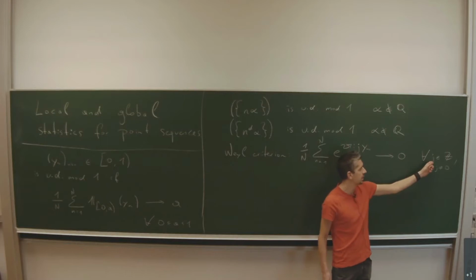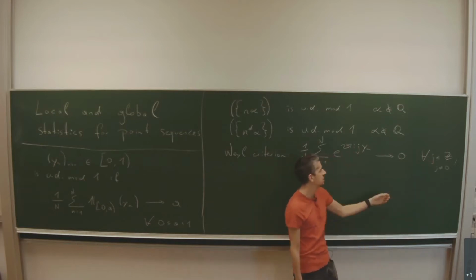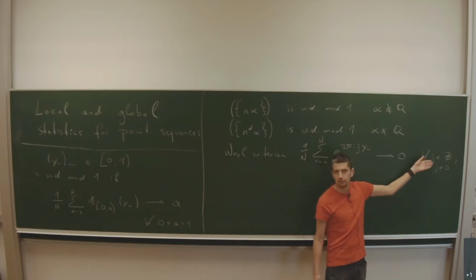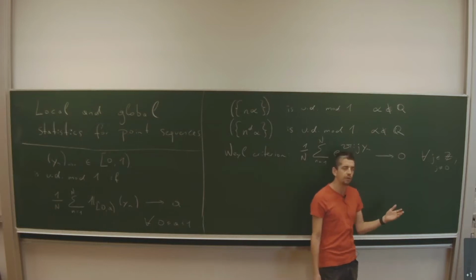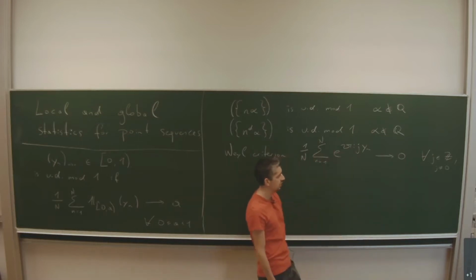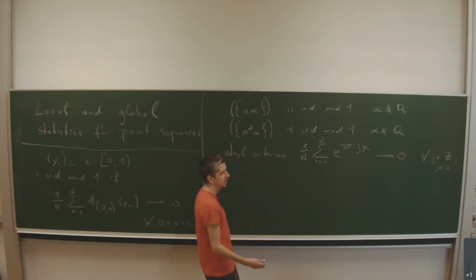So the j's here are the Fourier frequencies when you expand this indicator function into the Fourier series, but you can do this individually for fixed values of j, one after another. For every fixed value, you need to check this criterion, but you don't need anything like uniformity in j to apply this Weyl criterion.